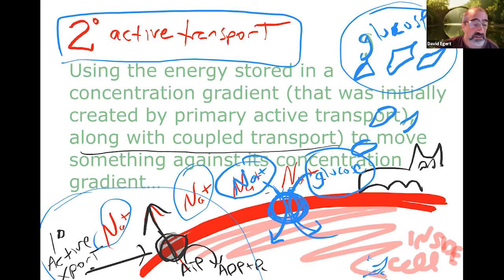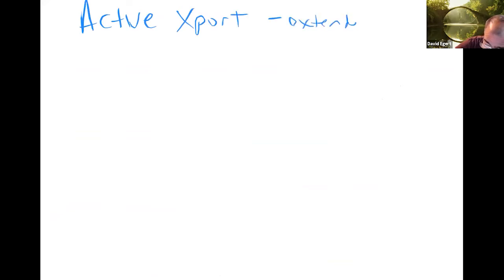Since we're doing active transport, just for completeness, I'll add one extra piece into it. Active transport extended. I'm gonna need to slow down my writing here.